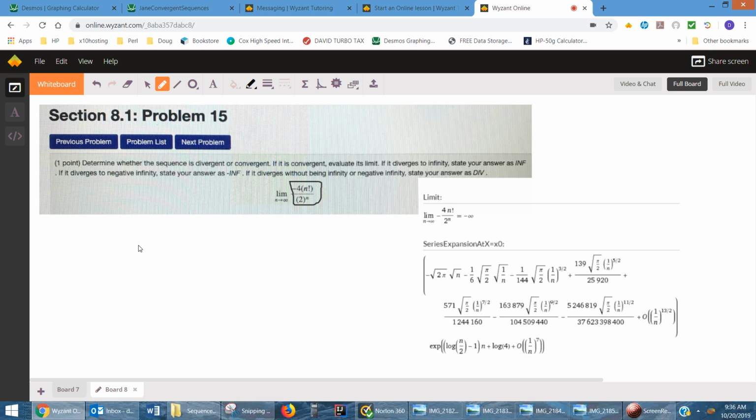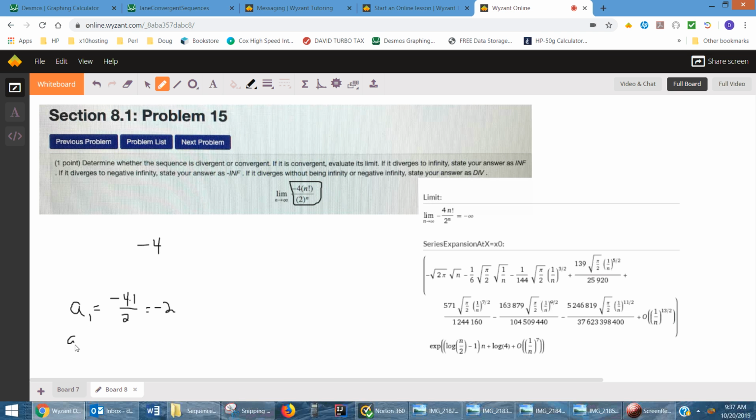Sometimes it's a good idea to start listing some elements of the sequence to get an idea of what's happening. So when n is 1, I get negative 4 times 1 factorial, which is just 1, over 2. 2 to the 1 is 2, so this is negative 2.